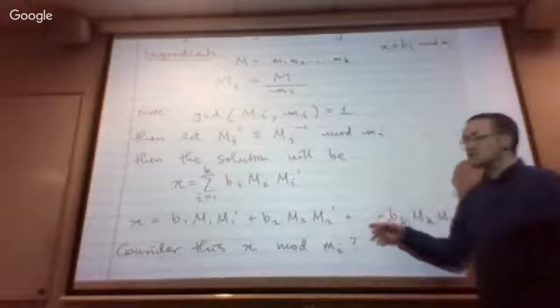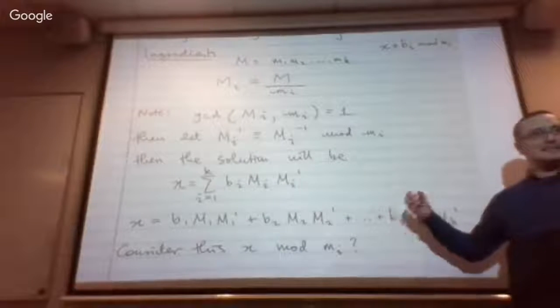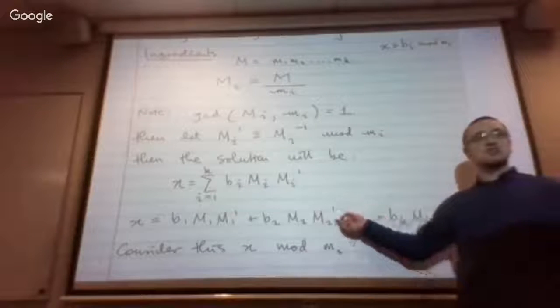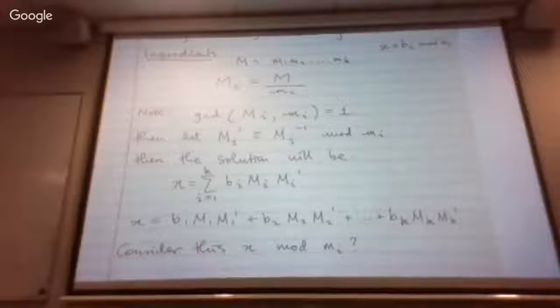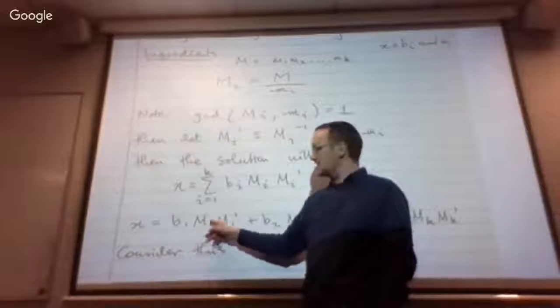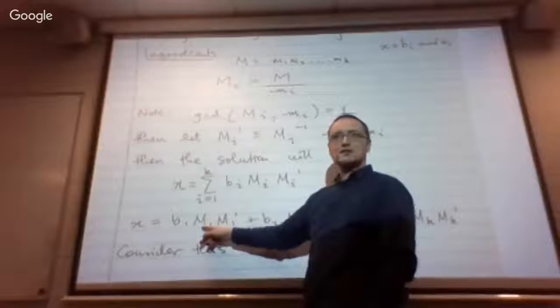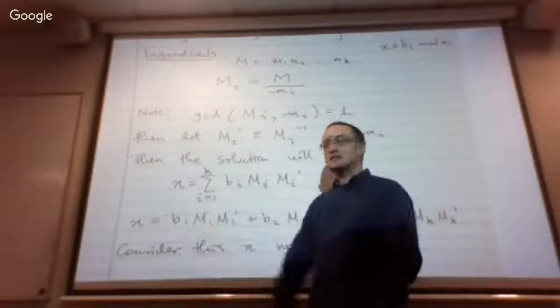So is the third term, because inside capital M3 is the factor m1. So all of these are congruent to 0 modulo little m1, apart from the first one, because there isn't a factor of little m1 inside capital M1. So this is potentially non-zero.